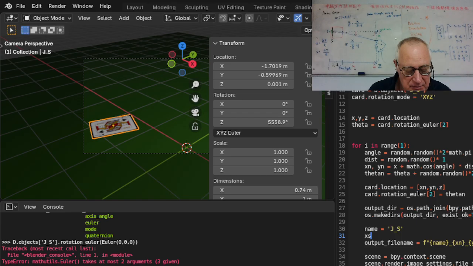So it would probably be worthwhile to simplify that: xs, ys, zs, theta, is equal to round xn equal to, convert that to strings first.